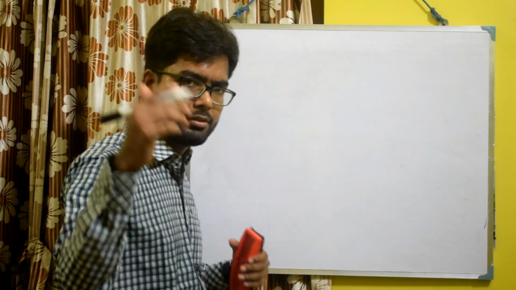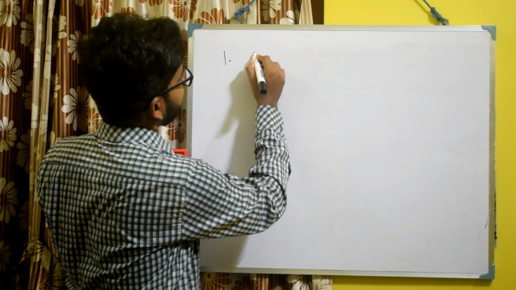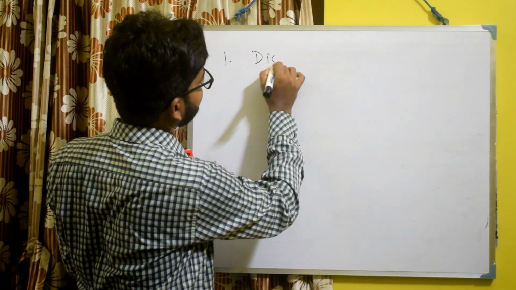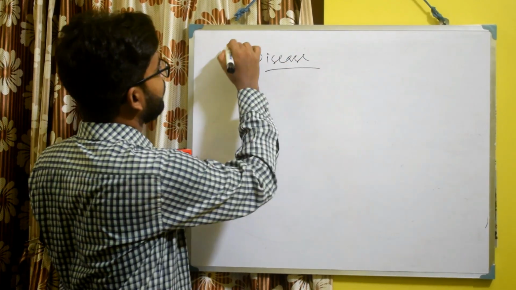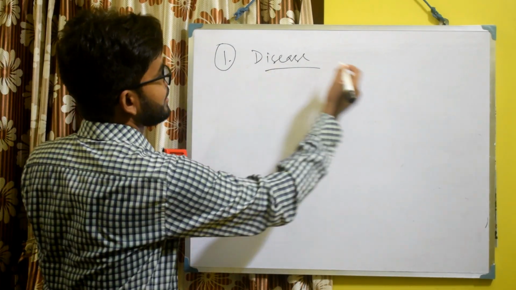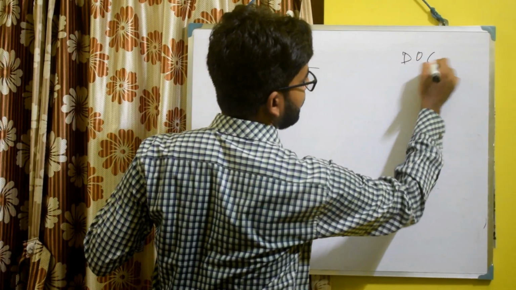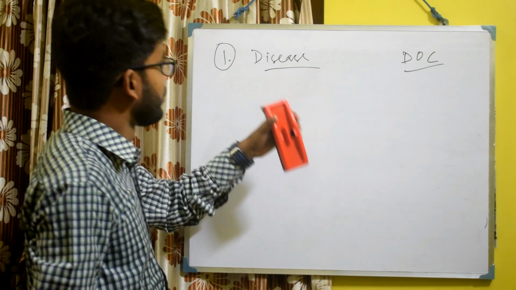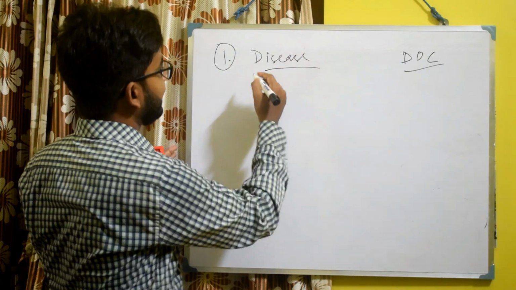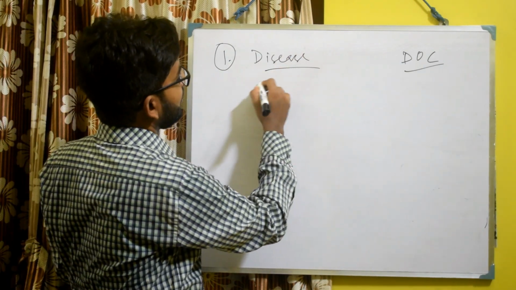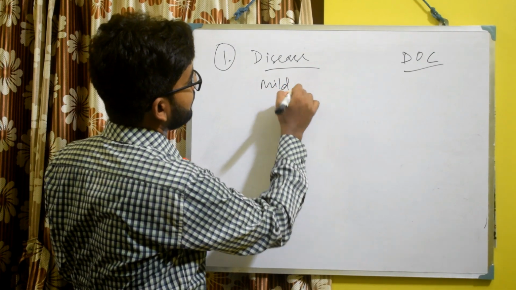I am taking one example. First, your disease. One table will be there. You can make one table like disease and drug of choice.